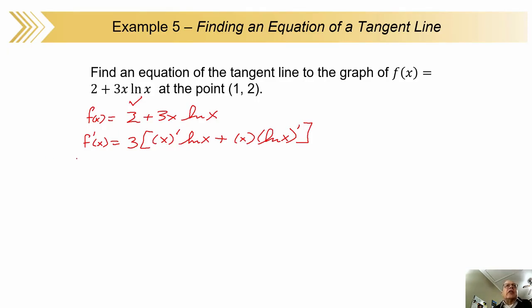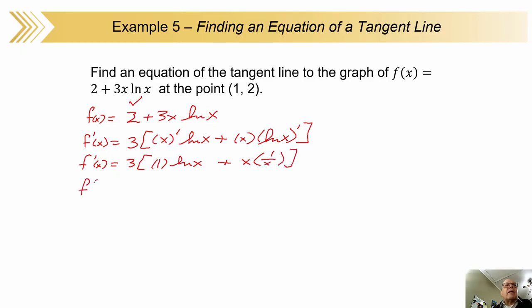Okay, I think we're in good shape here. F prime of x equals, leave that 3 out front right away. Okay, the derivative of x is 1. That's nice. Natural logarithm of x plus, and then we'll have x, and the derivative of natural logarithm of x is 1 over x.